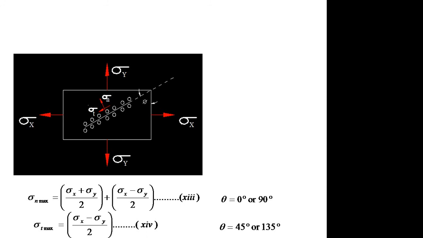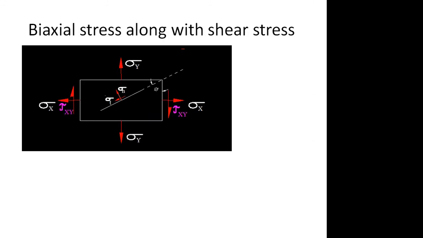Okay. So this is the condition for the maximum sigma n max and sigma t max for a plane stress condition where the stress acting is normal stress along the x direction and normal stress along the y direction. Now come to the next case.